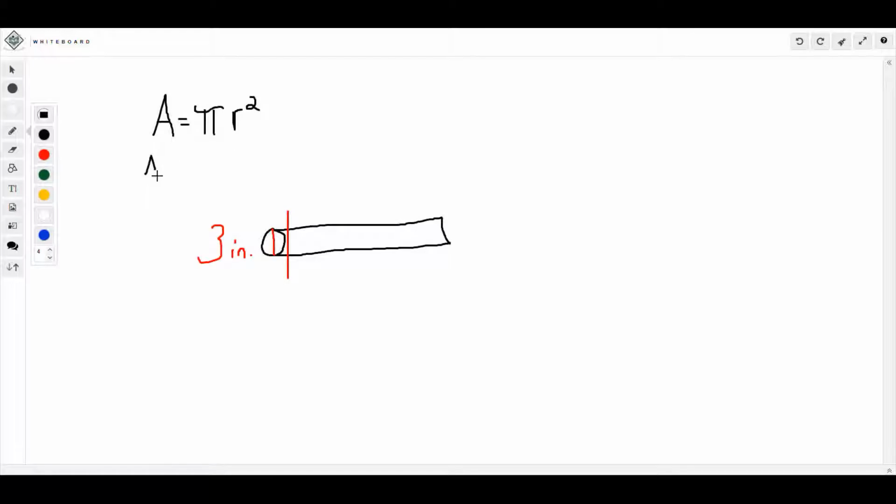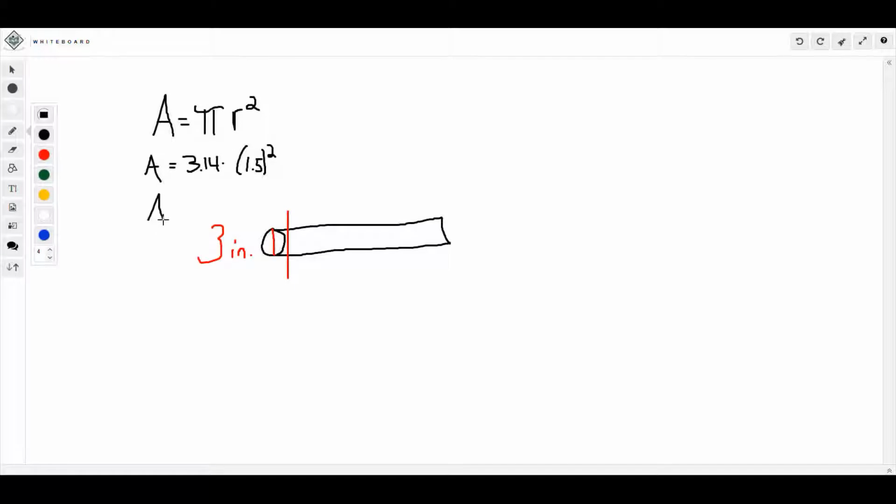I always like to start with the formula first. It just helps me. Now, the radius, remember, is half of this. So half of 3 would be 1.5, and we're going to square that because you have to square the radius.